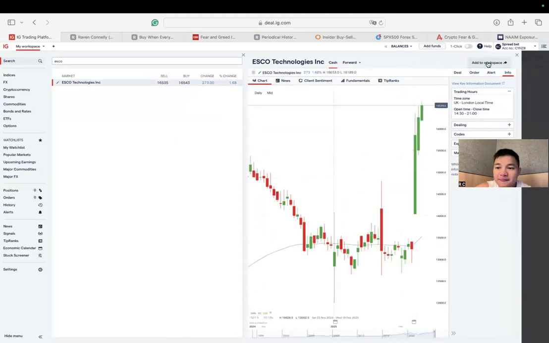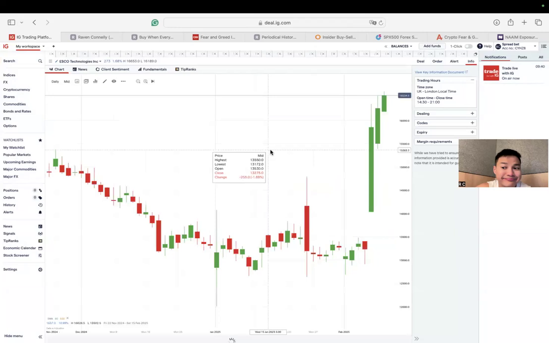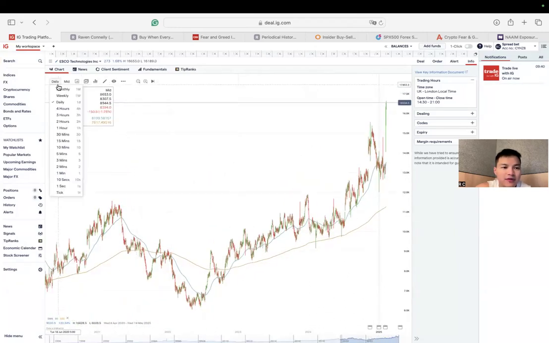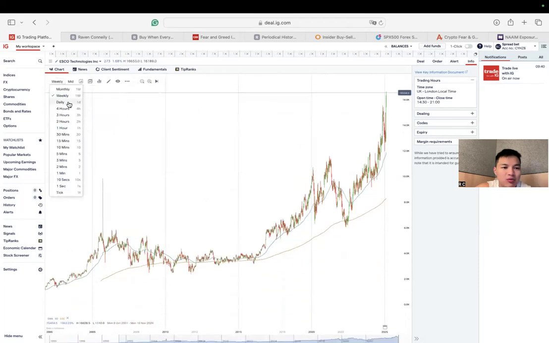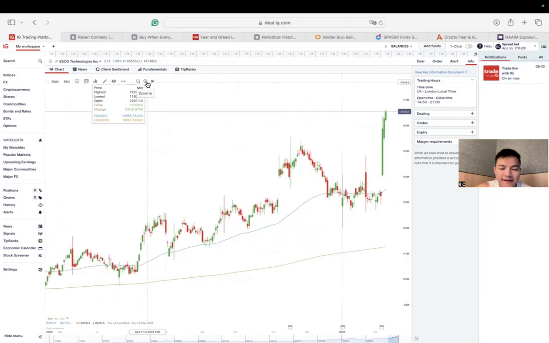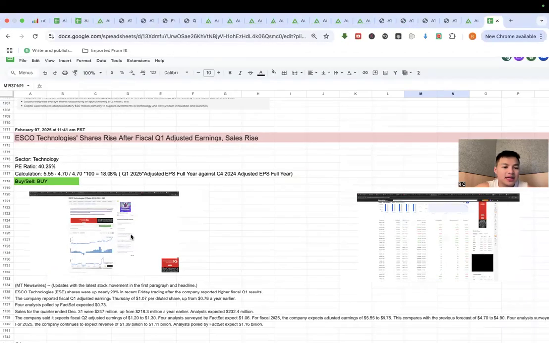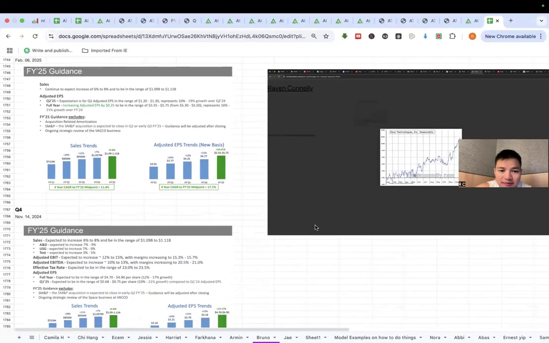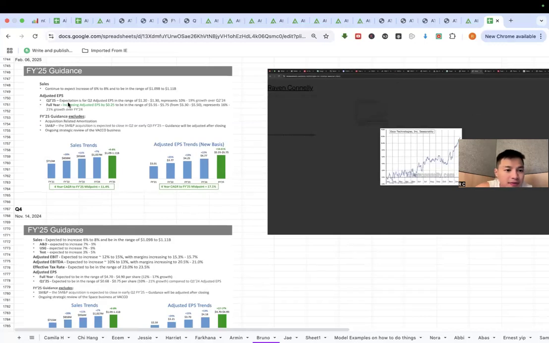Can you see? It went up like a rocket, even before looking at the stock prices. Well done. As you said, its growth this time is actually quite huge. Let me just show you one more time. Look, the full year EPS growth is 16.